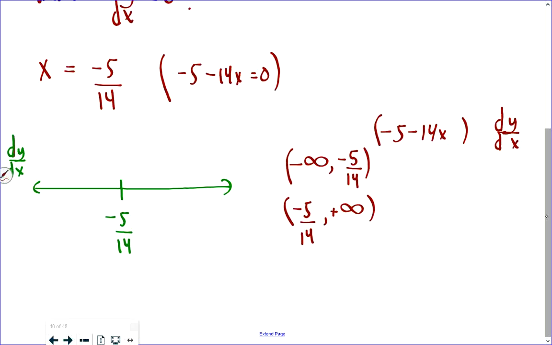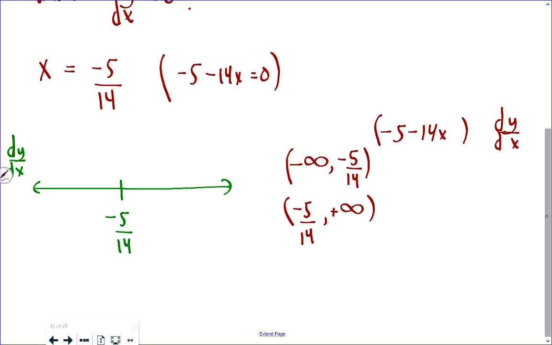What you need to do is fill in positives and negatives, remember doing this with position and velocity? How many of you remember me telling you that the linear factors go from negative to positive as they pass through the zero? Well, it doesn't always happen. It will happen if the coefficient of your x term is positive.